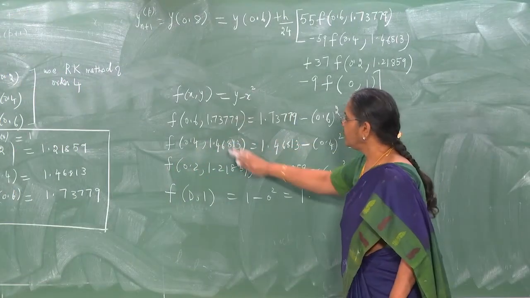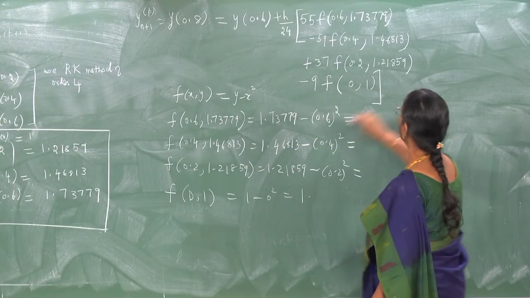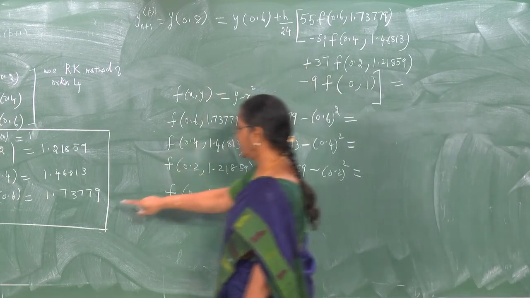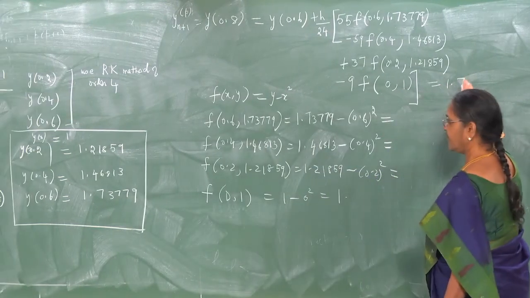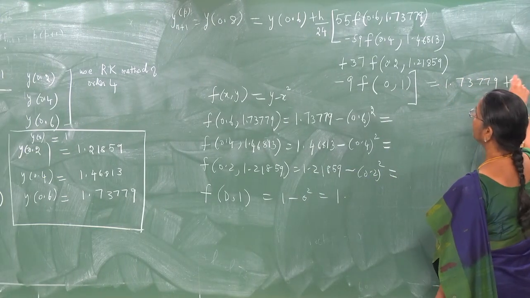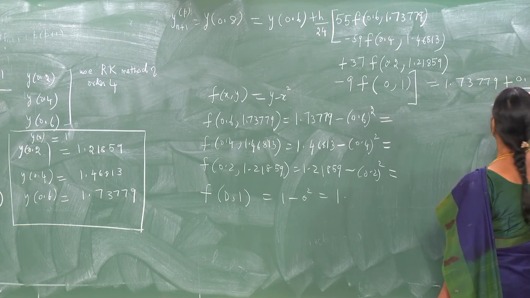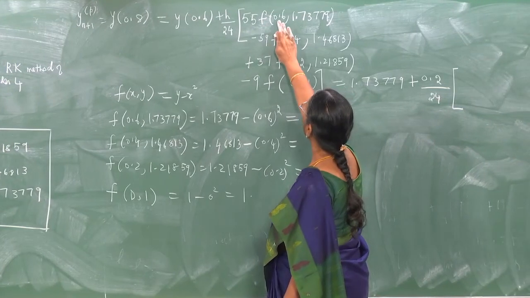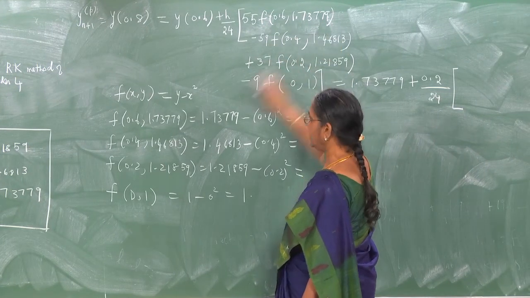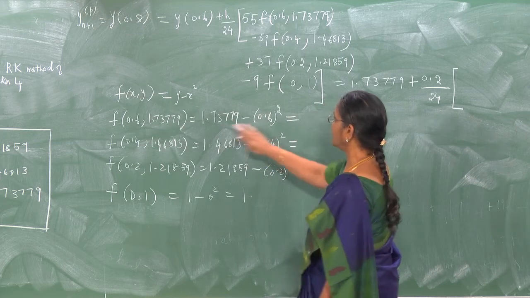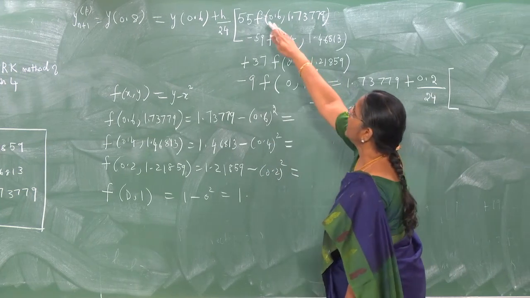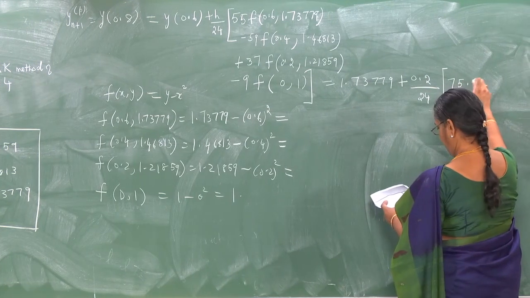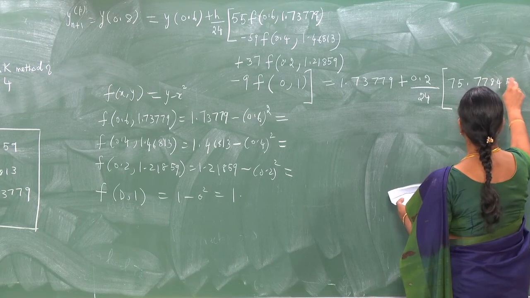I substitute these values in this formula, and that gives me y at 0.6, which is 1.73779. h is 0.2 by 24 into 55 times f of 0.6, 1.73779, which is this value, and I have to take 55 times this value, and that turns out to be 75.77845.